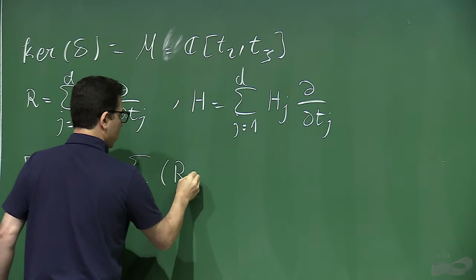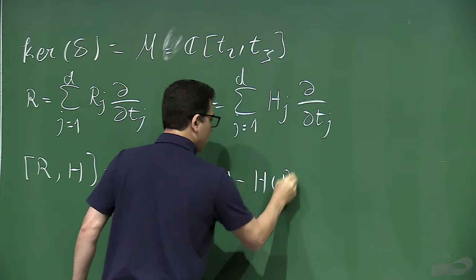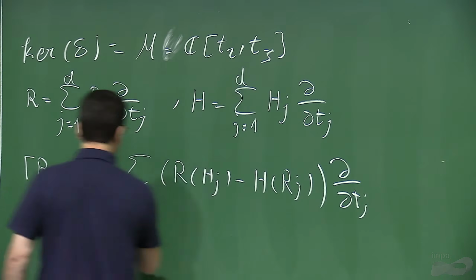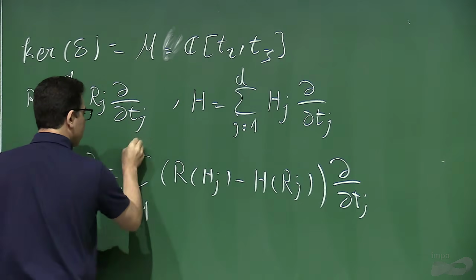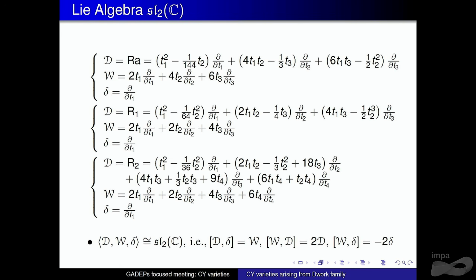It will be equal to R of Hj minus H of Rj, d/dtj, j from 1 to d. If we compute these brackets for D, W, and delta, we find this relation here. The bracket of D and delta gives W, of W and D gives 2D, and of W and delta gives minus 2 delta.